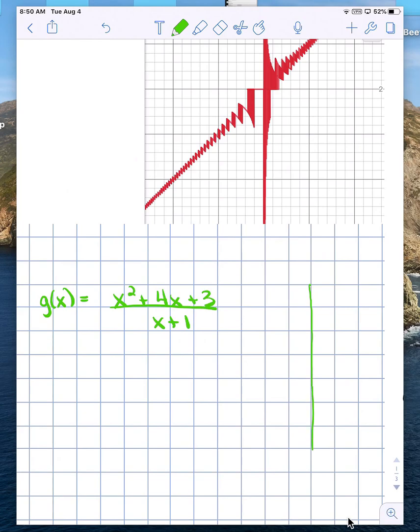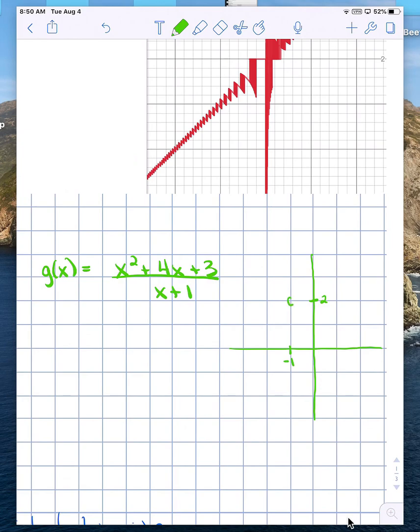We already know that there is a hole in this graph, and by looking at the graph up above, we know that the hole is here when x is -1, and we know that that hole exists because we're getting closer and closer to 2. We know that the hole exists right here at this point, -1, 2. And then we know this kind of resembles the line x plus 3. So here's our g of x function. That's how we show this hole, that removable discontinuity.